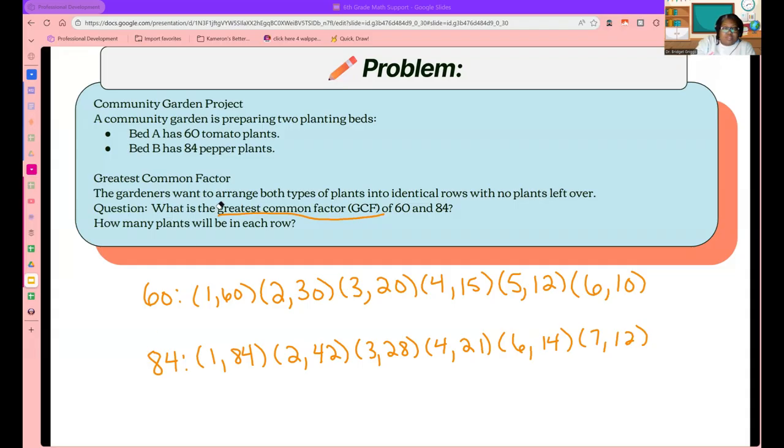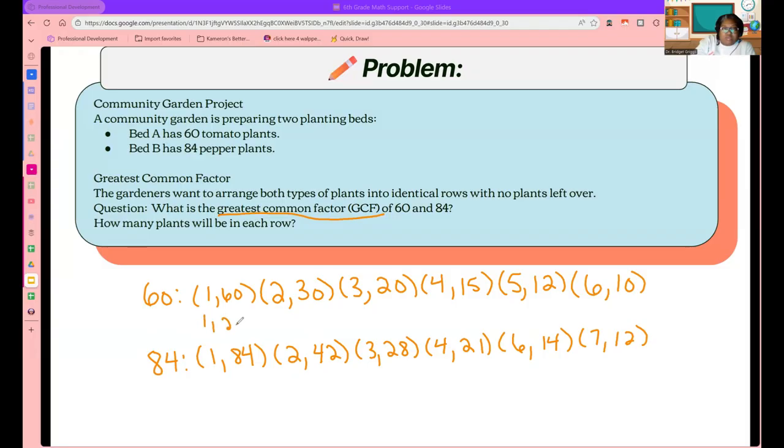So now the question was the greatest common factor between 60 and 84. So we're looking for the biggest number that they have in common with their factors. Well, this is a little easier when it's in numerical order. So let's go ahead and do that.